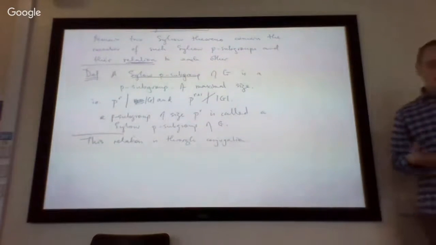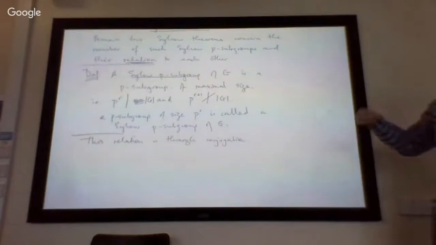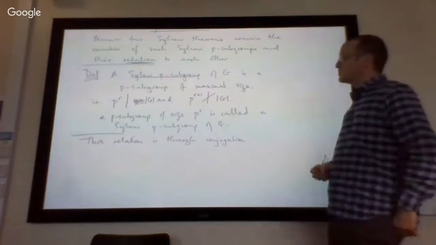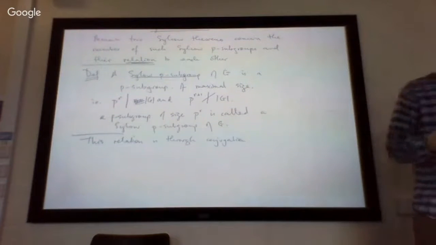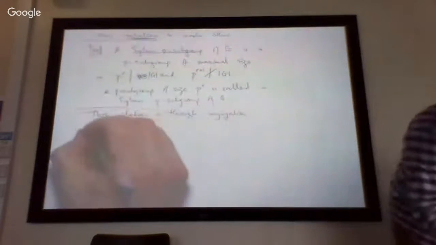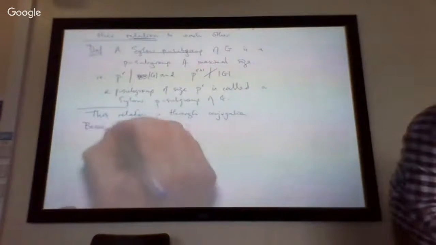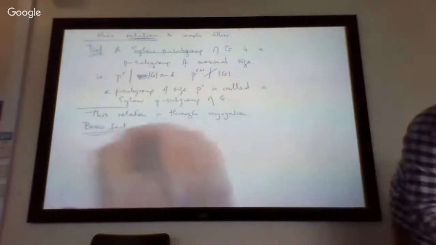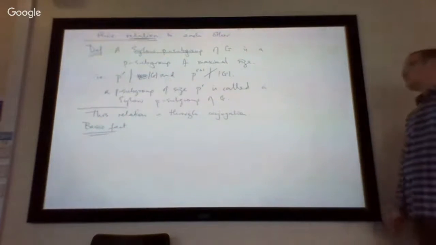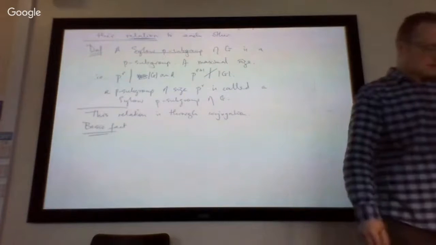But now, not conjugating individual elements by an element from the group, but conjugating whole subgroups. Okay. So there's a basic fact which I think we would have proved when we looked at subgroups, or it might have been one of the exercises. We'll return to it again.